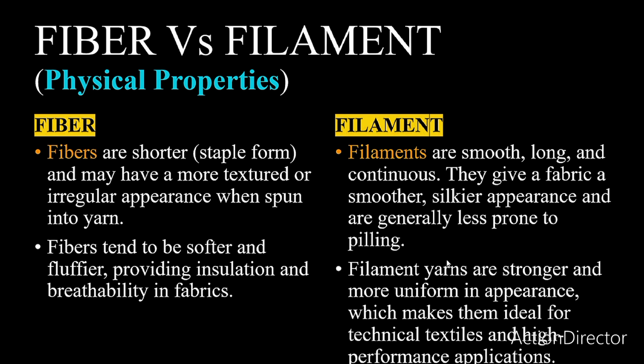Filament yarns are stronger and more uniform in appearance, which makes them ideal for technical textiles and high performance applications. So, this was the difference with respect to the physical properties in filament and in fibers.